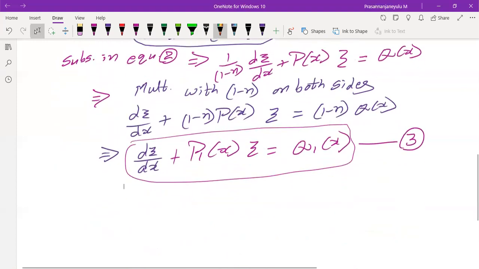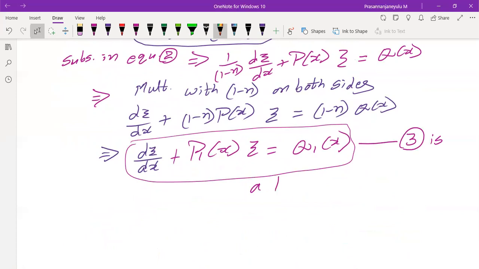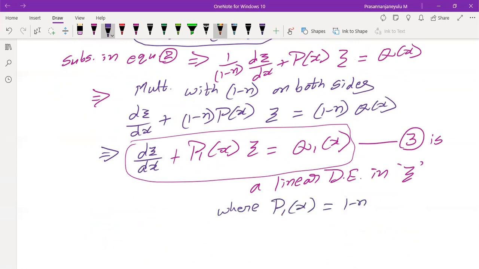Yes, equation number 3 is a linear DE in z. What are P1 and Q1? P1 of x equals 1 minus n into P of x, and Q1 of x equals 1 minus n into Q of x.